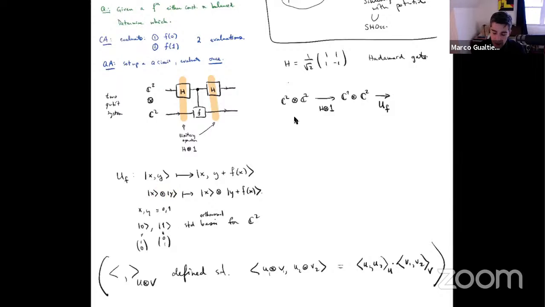And so this will be a unit vector. So this ranges over all the unit vectors of U tensor V.